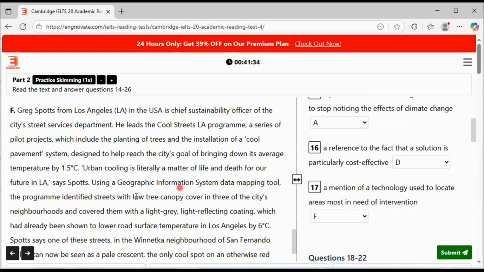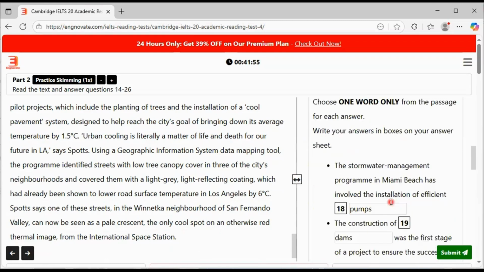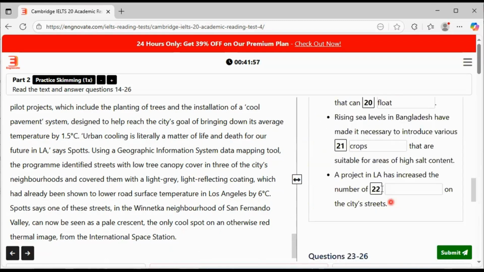Back to the passage. Identify streets with low canopy cover in 3 of the city's neighborhoods and covered with a light gray, light reflecting coating, which already has been shown to lower road surface temperature in Los Angeles by 6 degrees Celsius. Okay, hold on. Gap filling. The number of.